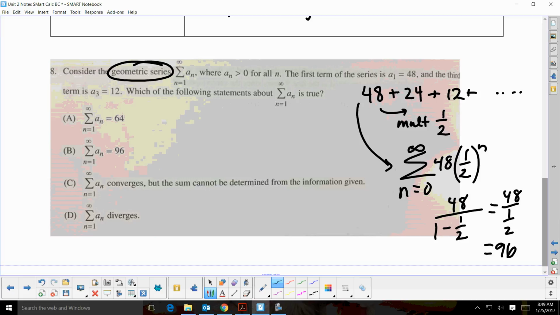Remember, if we started at 1, we can adapt it, right? We could adapt this to start at 1. But in order to find the sum, we needed to start at 0. But the sum will be the same thing.